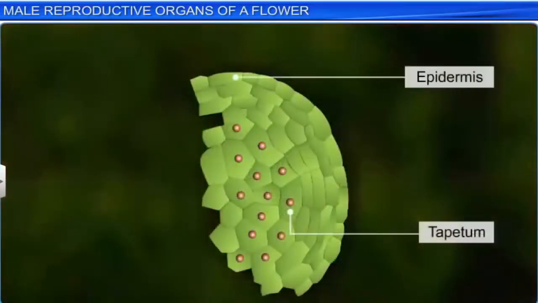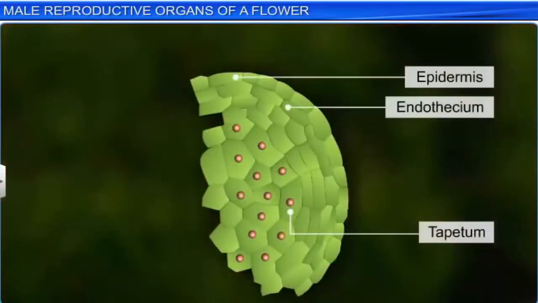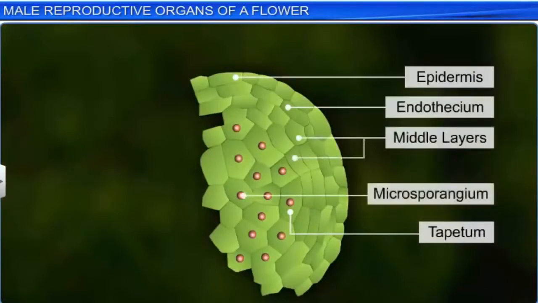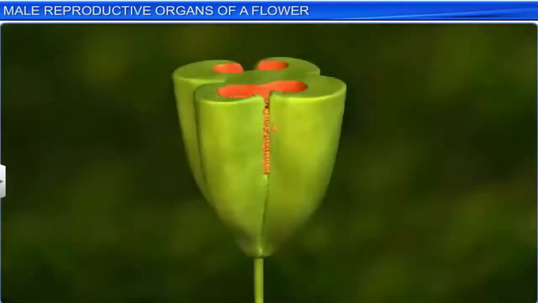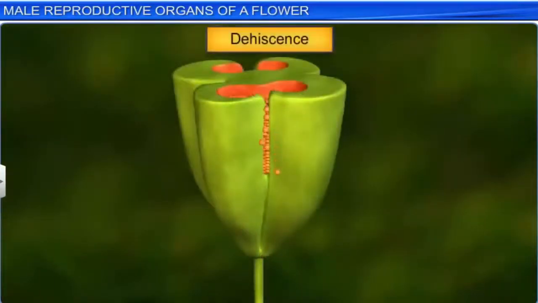The epidermis, endothecium, and middle layers protect the microsporangium as well as aid in dehiscence, which is the splitting of the anther walls that causes the release of pollen grains.